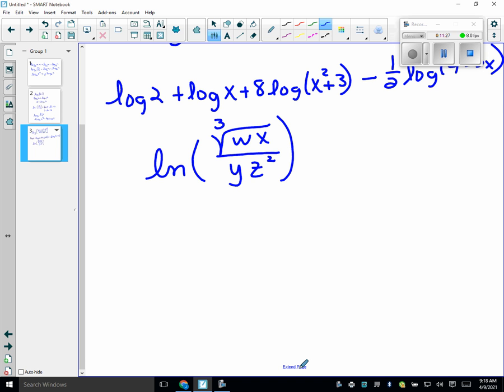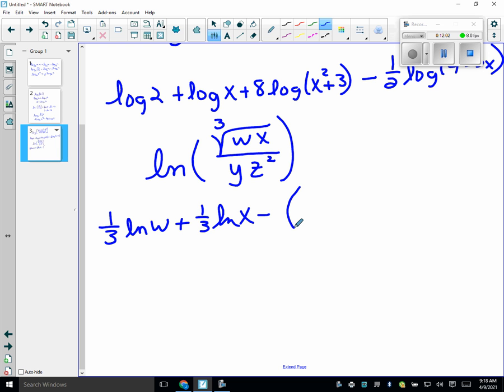Okay, so would it be, are both of these to the 1/3 power? So it'd be 1/3 ln of w plus 1/3 ln of x. Do you agree with that? Yeah. Now, are both of these on the bottom? So I have a choice. I can do minus and put it in parentheses, or I can make both of them minus.